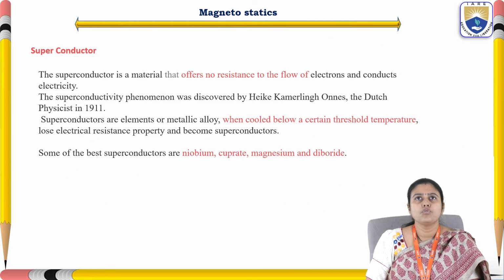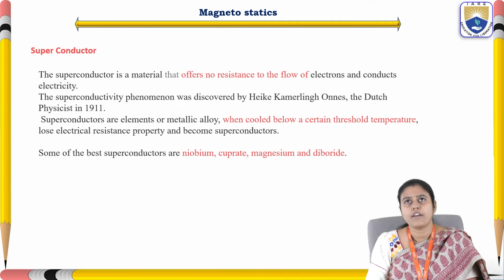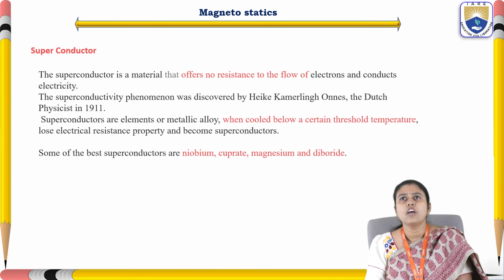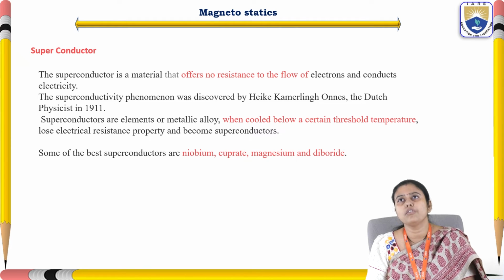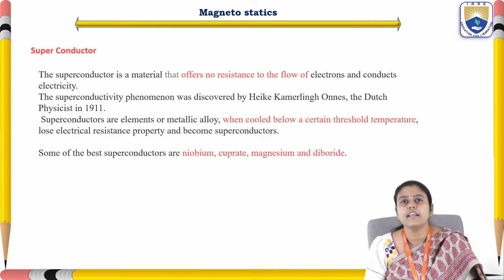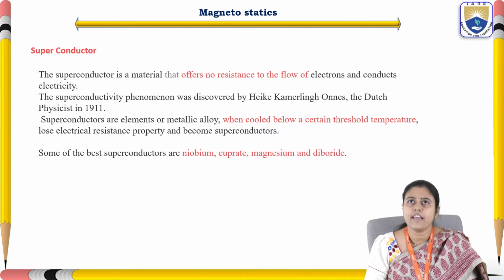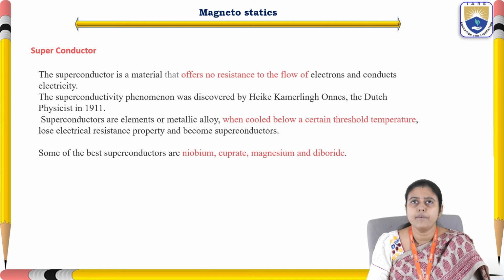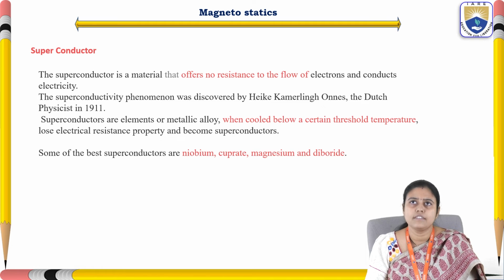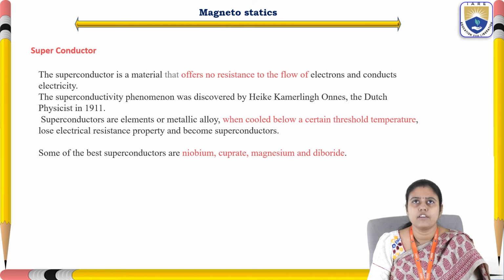Next is the superconductor. What is a superconductor? A superconductor is a material that offers no resistance to the flow of electrons and conducts electricity.